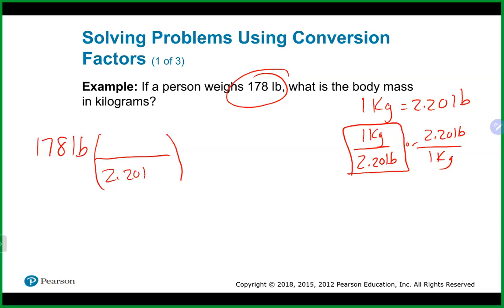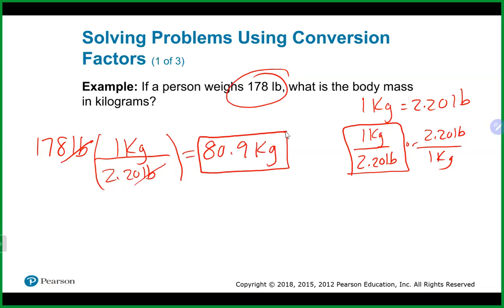That gives us 2.2 pounds is 1 kilogram. Again, the pounds cancel. So we're basically dividing 178 divided by 2.2. And that's going to give us 80.9 kilograms. 3 significant figures, because really we should take a peek at this one, which has how many sig figs? And this one has 3, which means our answer should have 3. So all good.